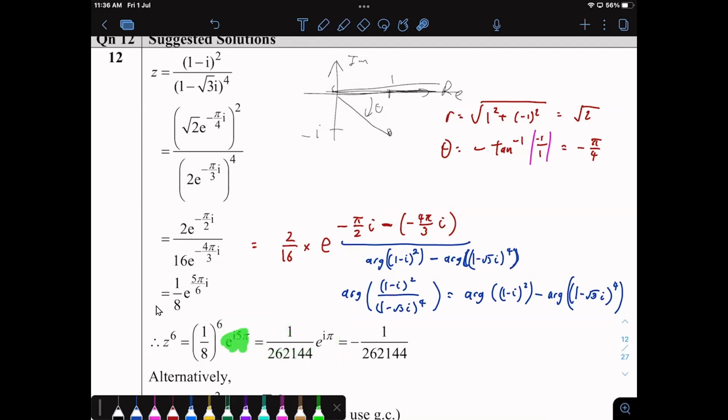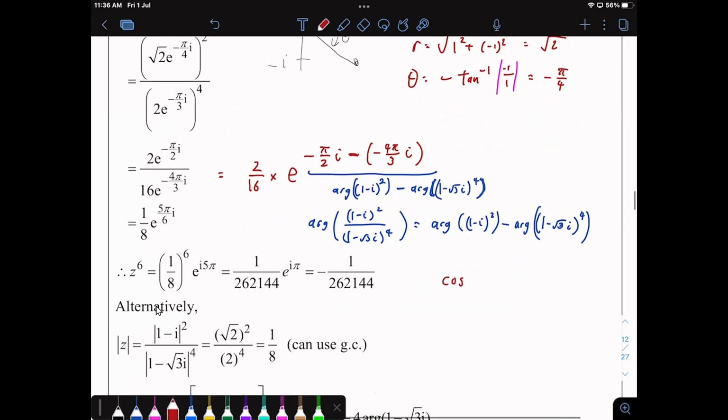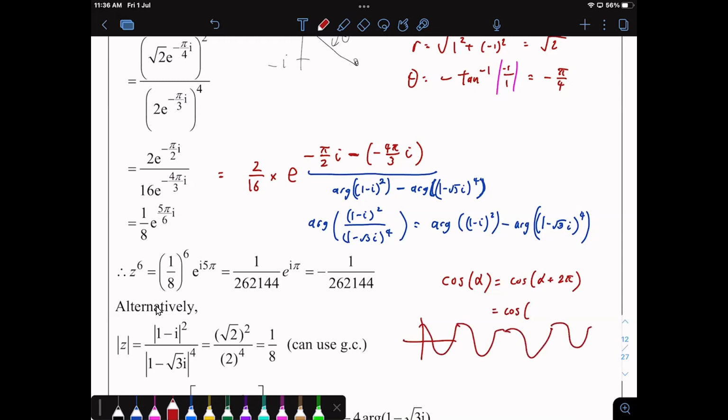Then e power i 5 pi. Oh, by the way, do you know that cosine of, let's say you got some angle alpha, and then you add on alpha plus 2 pi, it's the same? Yes, because of the graph. Every 2 pi it will repeat.